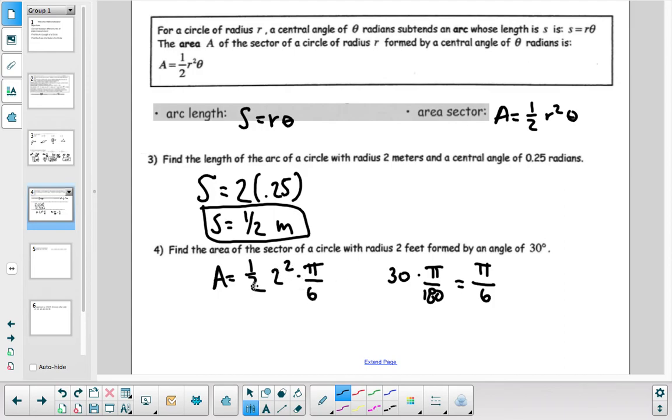All right, 4 divided by 2 is 2, so this is 2 pi over 6, or pi over 3, which looks like an angle. It's not an angle, it's the area. So just make sure you use correct units, feet squared. So pi over 3 feet squared. If you were to do that division, it's a little bit over 1, so a little over 1 square foot.